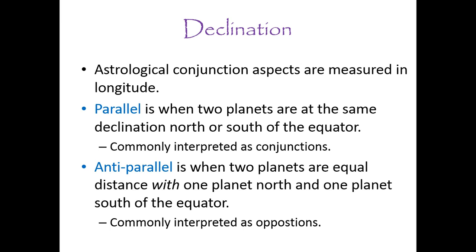I think I need to spell that word better. And so when you are looking at that aspect grid again, as astrologers you can start to take in parallel and anti-parallel between planets as interpretations.